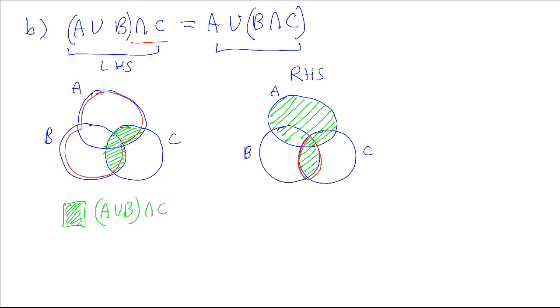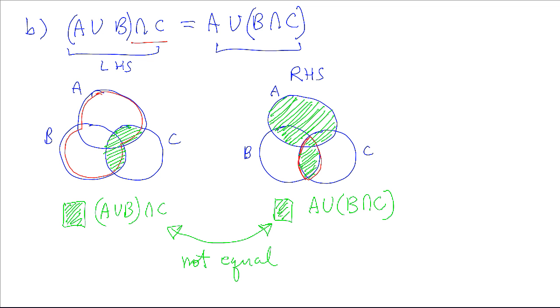Okay, and I'll fill that in, and clearly, this on the right hand side in green is A union B intersect C, and clearly these two are not equal. Therefore, this is false. Okay, and I think I'll stop here and do part C in a new video.